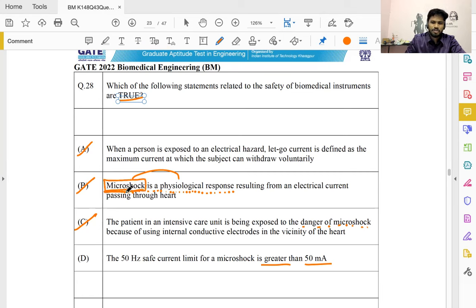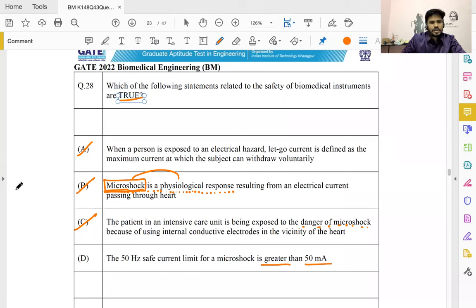The problem is engineers will use it in one way, doctors will use it in one way, and it's going to be an issue. But I do see the issue. Is microshock itself a physiological response? No. Microshock is an external event. Yeah, it's an event, and then there are physiological responses to it.